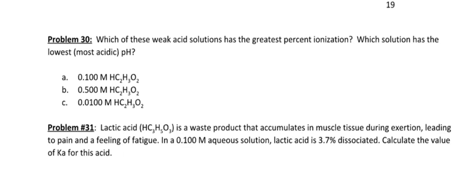So which of these weak acid solutions has the greatest percent ionization? Which one has the lowest or most acidic pH? Okay, go for it. So which one's going to have the greatest percent ionization?